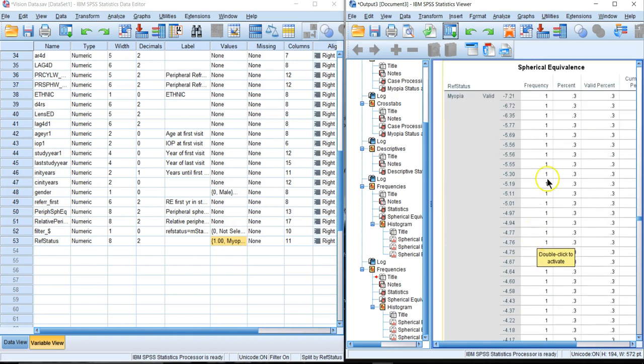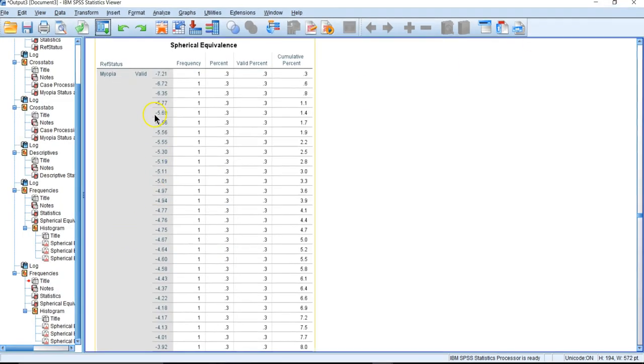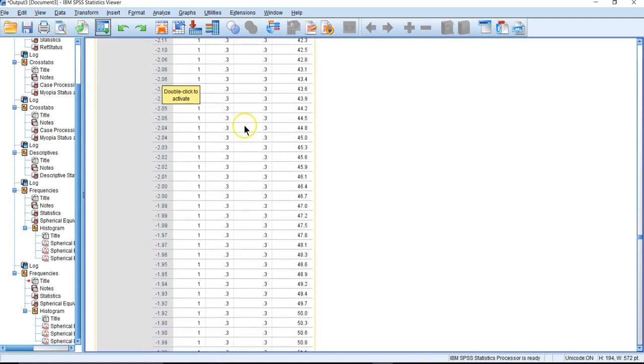So then what we do is we get myopia, we get all the values. Now, here's an important thing. There was one person that had a minus that was -7. There was one person that was a -6. The percent of the total is 0.3. Valid percent is 0.3. Now, what does valid percent mean?